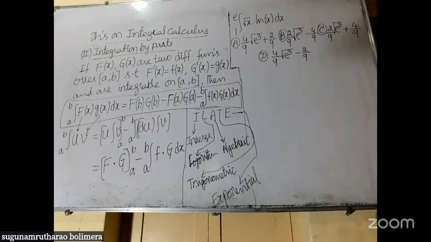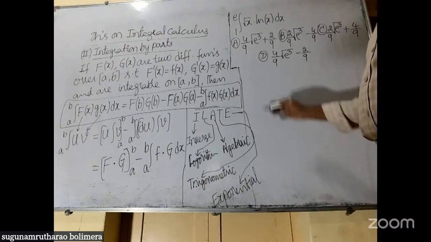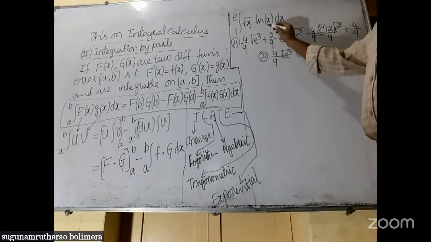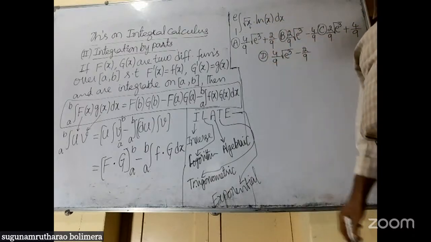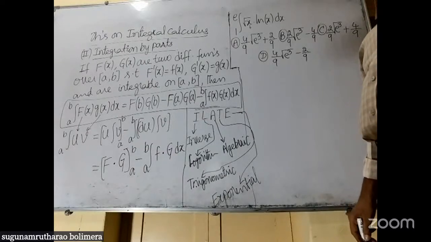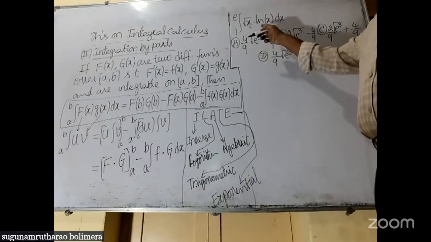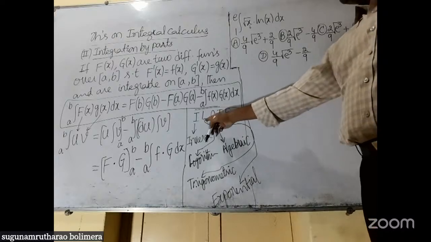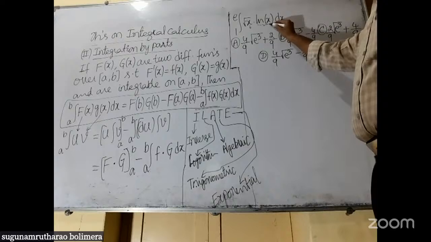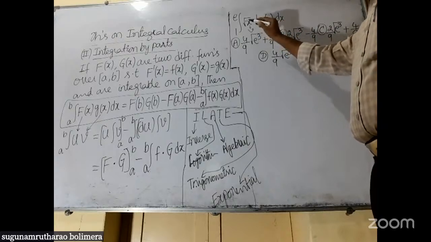So here, as per this highlighted formula, root x is algebraic and ln x is logarithm. ln means natural logarithm. As per this order, the logarithm comes before algebraic. So consider this ln x as u and this root x as v.